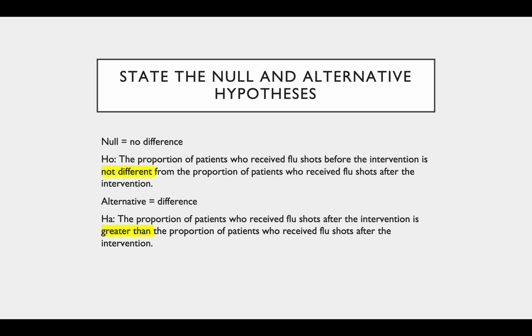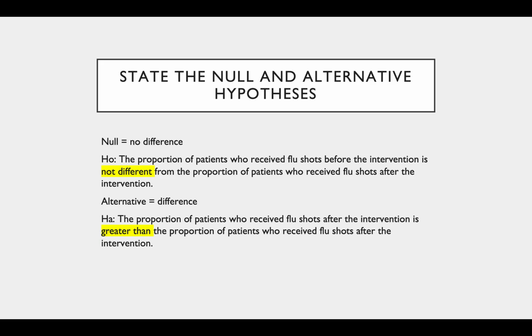In hypothesis testing, you will always have a null hypothesis and an alternative hypothesis. The null hypothesis will always use the equal sign. This will say that there is no difference between our two samples. So for example, our null could be the proportion of patients who received flu shots before the intervention is not different from the proportion of patients who received flu shots after the intervention.